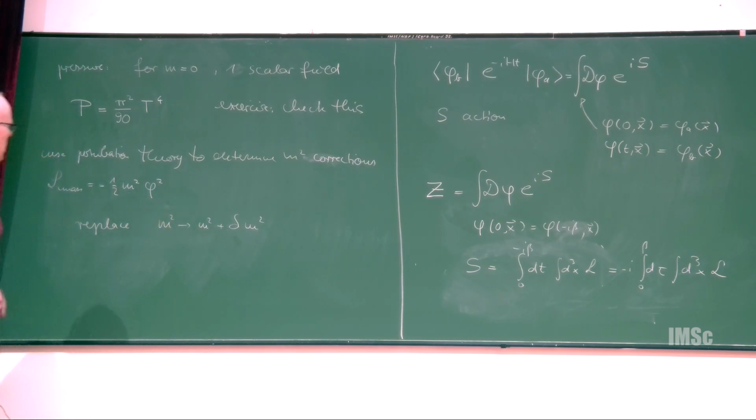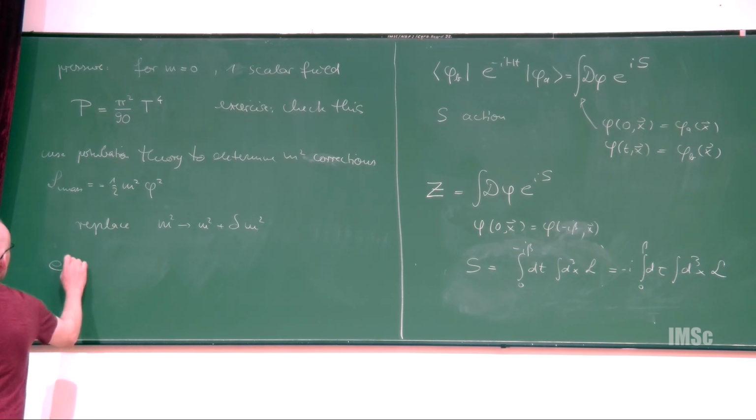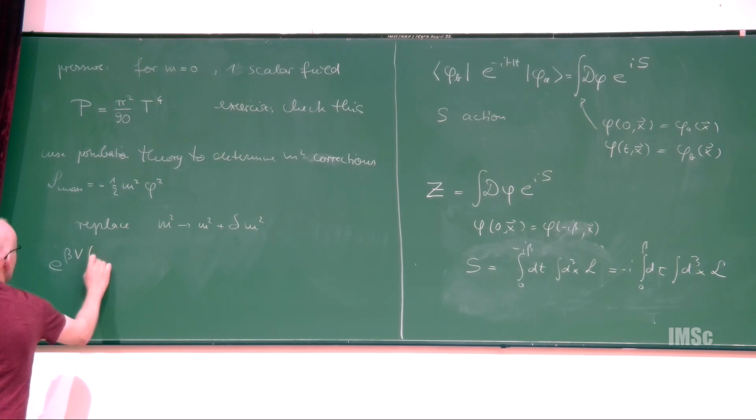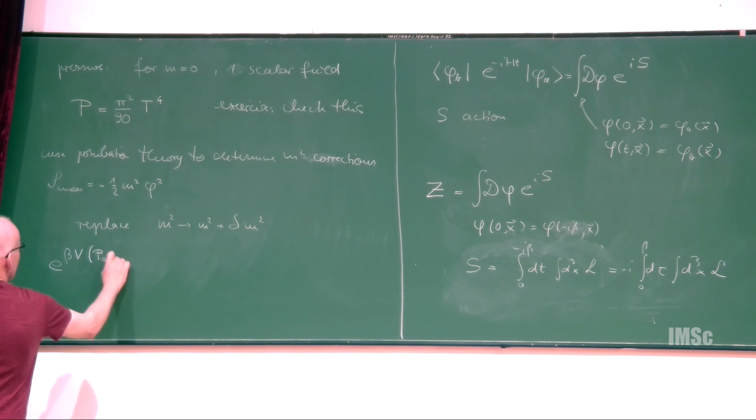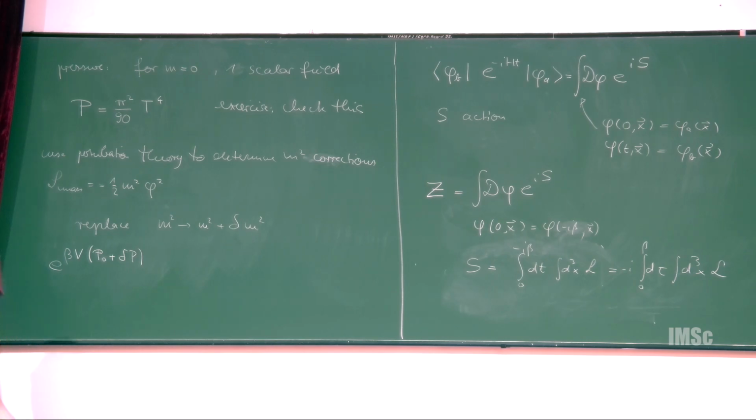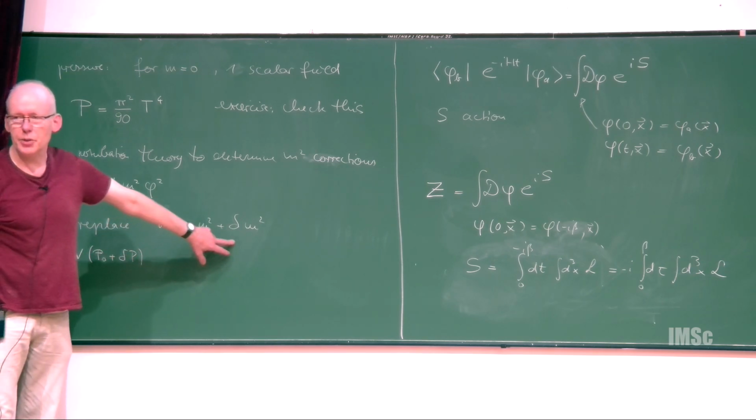What happens then? Remember, the partition function was e to the beta V times the pressure, and now we get here the zeroth order pressure plus some correction coming from the delta m squared.